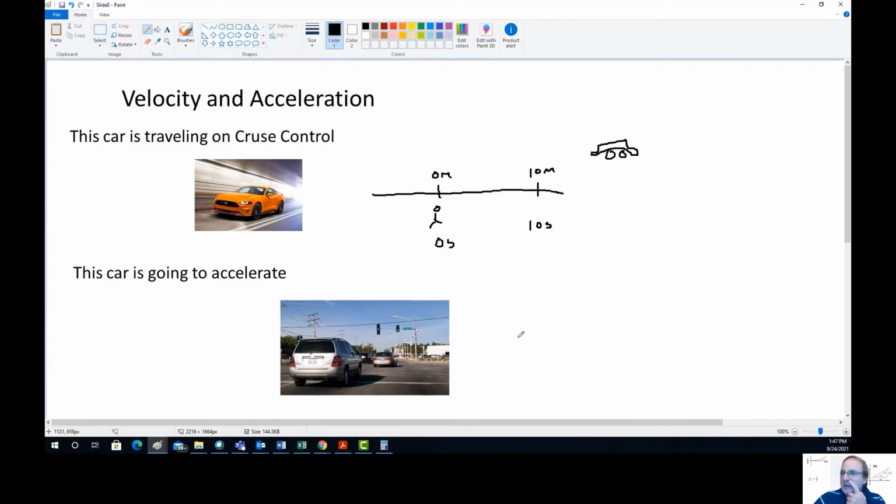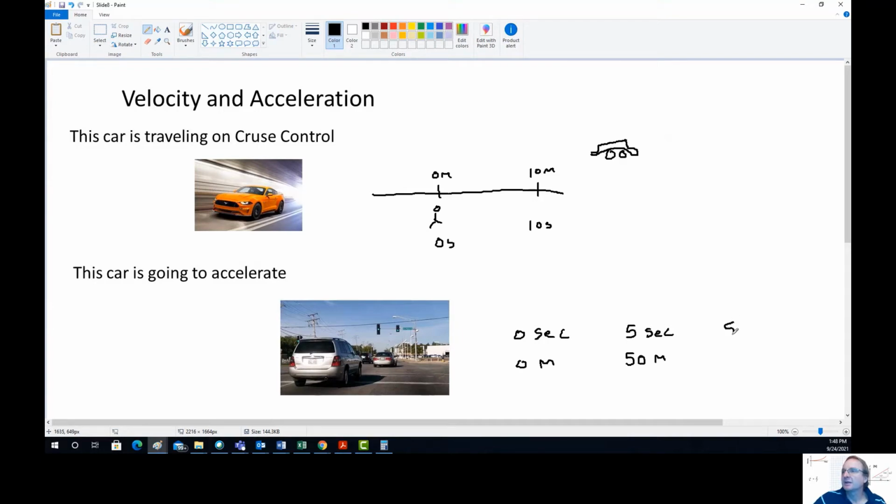So we have this here, and basically it was at 0 seconds, and then we went 5 seconds, and of course we're at 0 meters, and now we're at 50 meters.